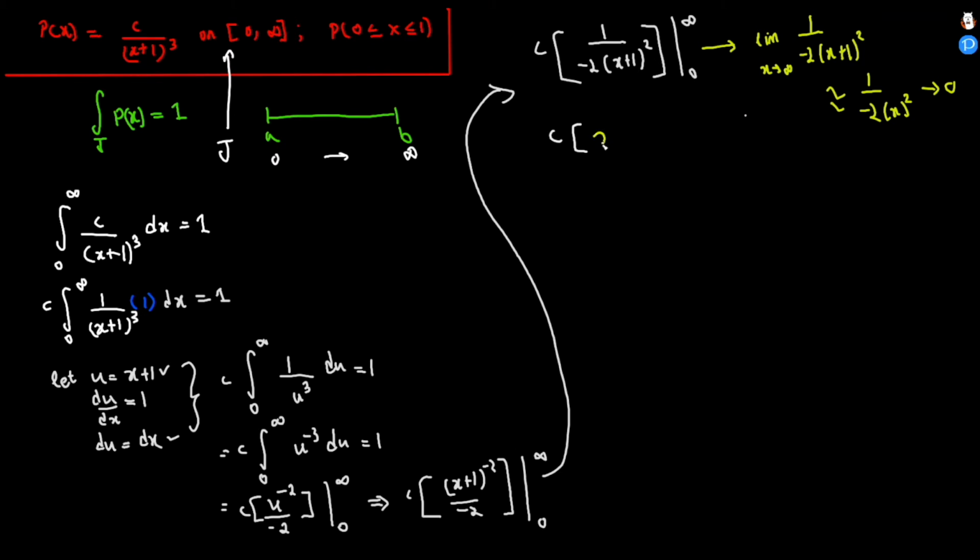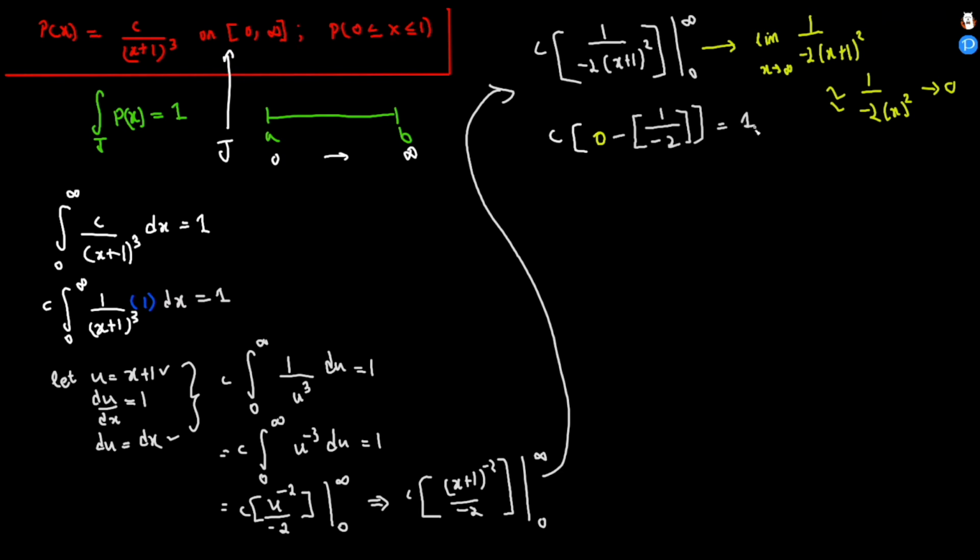So that translates here, and you evaluate this as c times this value, right? So 0, because that's the evaluation of this, and then 0 minus evaluating this function at 0: 0 plus 1 is just 1. This is 1 times minus 2, so minus 1 over 2, right?